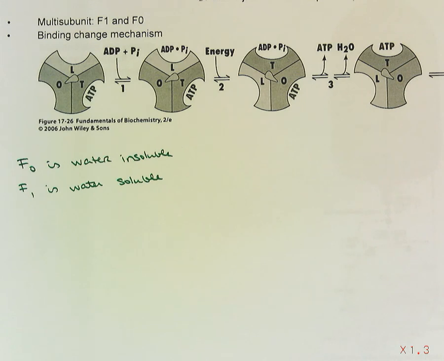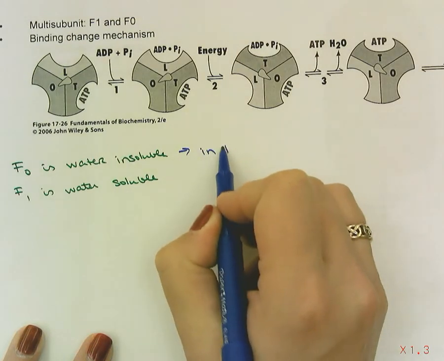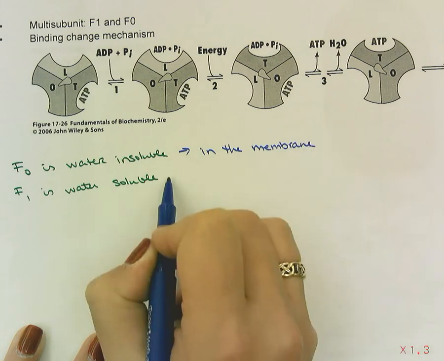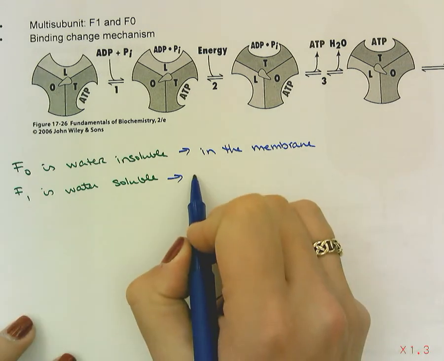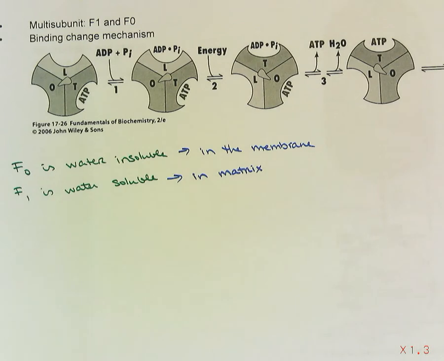So where would I expect to find F0? In the membrane or in the inner membrane space? Right, water insoluble, we are going to find that in the membrane. We're going to find F1 with its head poking out into the matrix.